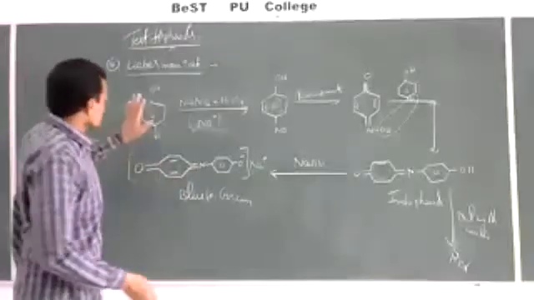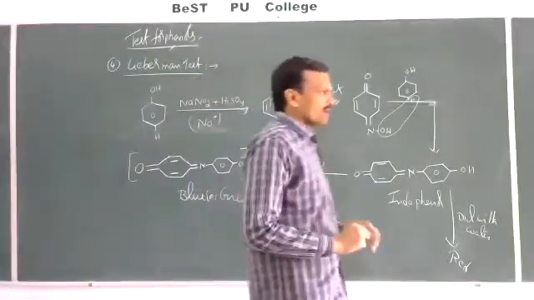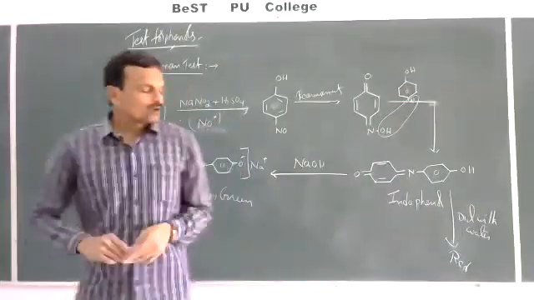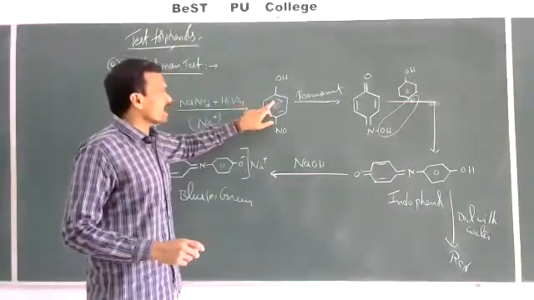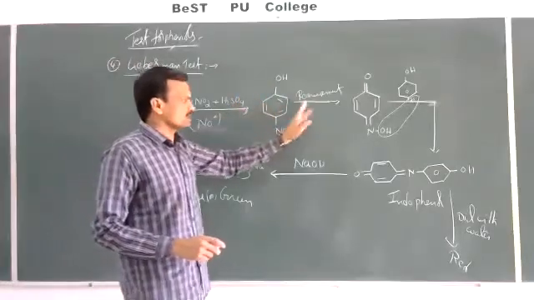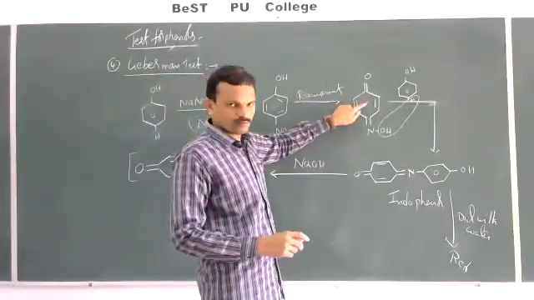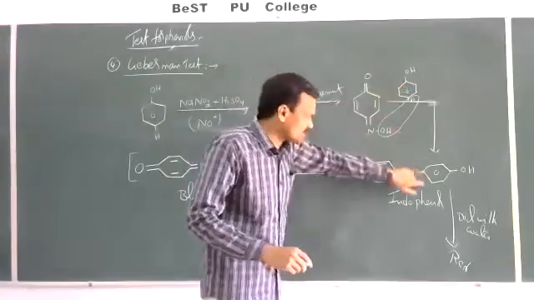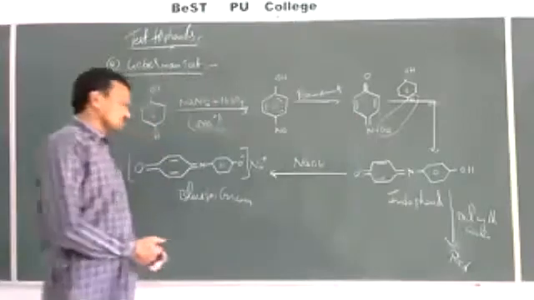Okay, so students, phenol on reaction with sodium nitrite and H2SO4 first gives para-nitrosophenol, and this para-nitrosophenol rearranges to give the quinone form, which undergoes further condensation with phenol and gives indophenol.